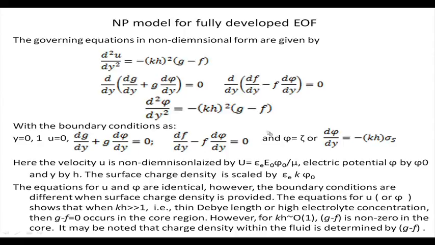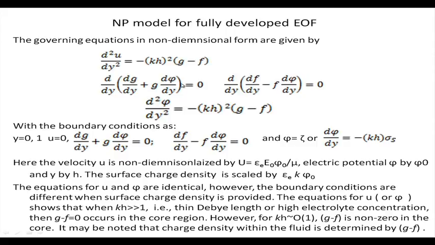So even if I define phi minus zeta, I can assume phi equal to 0 on both walls. The form of phi won't change, because it satisfies the same equation if I redefine phi as phi minus zeta. So u and phi have the same solution, provided I consider phi equal to 0.